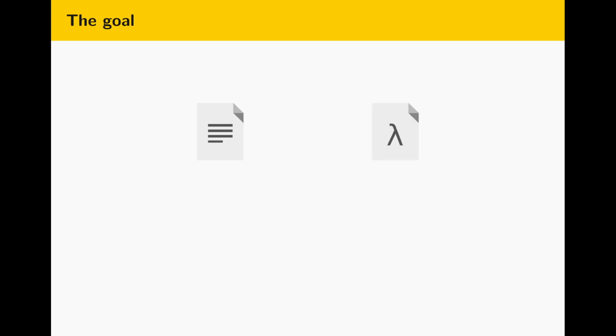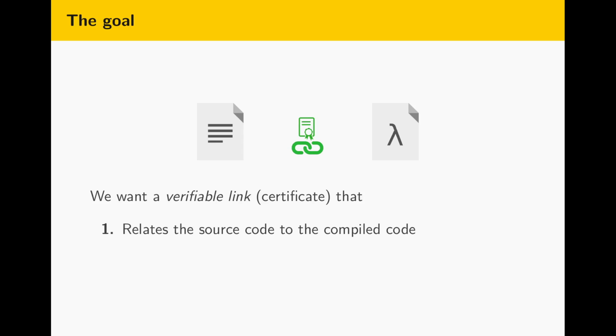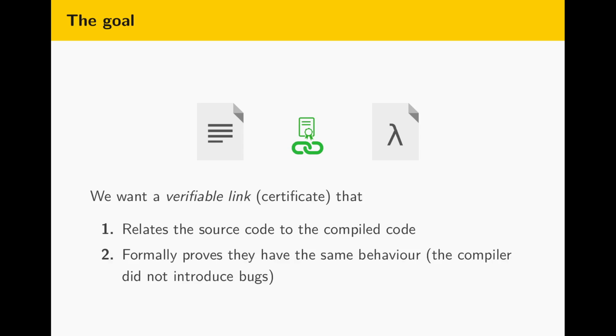But of course, the real program that runs on-chain is the compiled form of this source code. So what we are looking for here is a verifiable link or a certificate that on the one hand relates the source code to the compiled code, and on the other hand formally proves that they have the same behavior, and therefore that the compiler did not introduce any bugs in the smart contract.